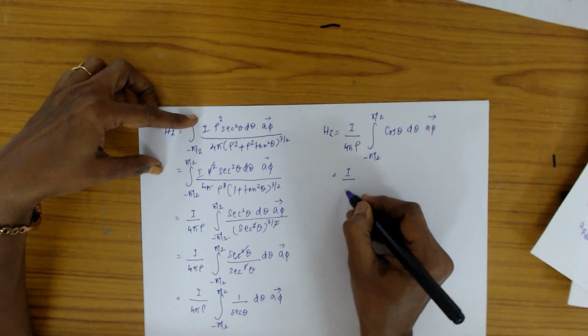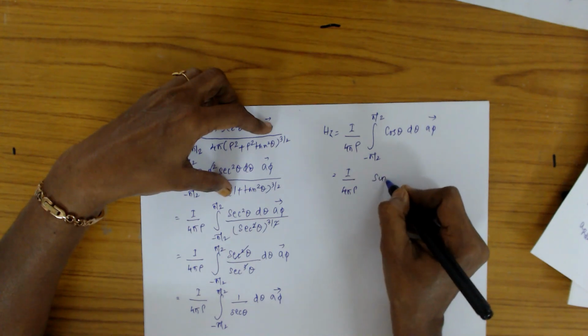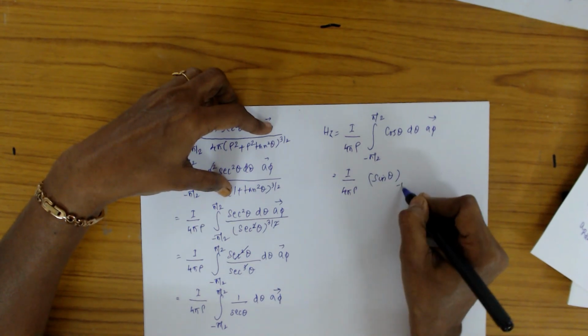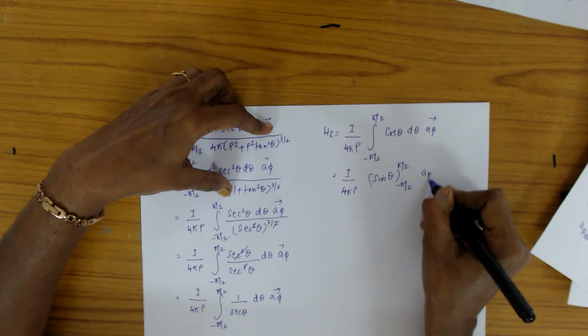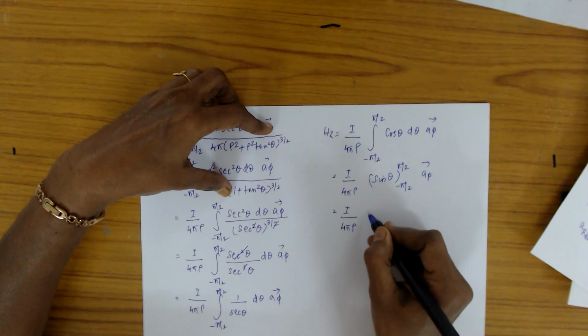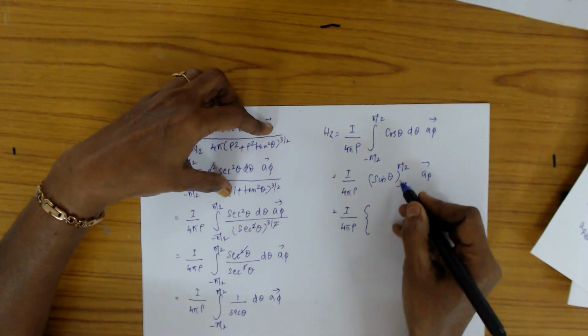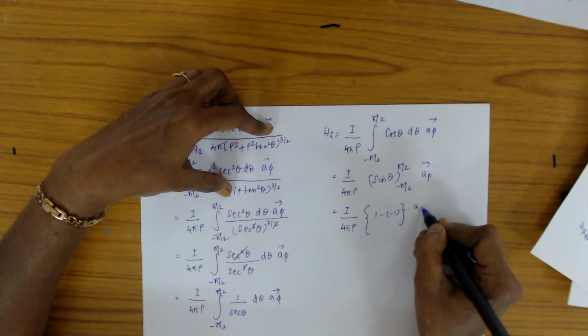So in the next step it is I by 4 pi rho. When you integrate cos theta that becomes sin theta, from minus pi by 2 to plus pi by 2, into A phi. So substituting the limits, I divided by 4 pi rho, and sin 90 is 1 and this is minus of minus 1, into A phi.